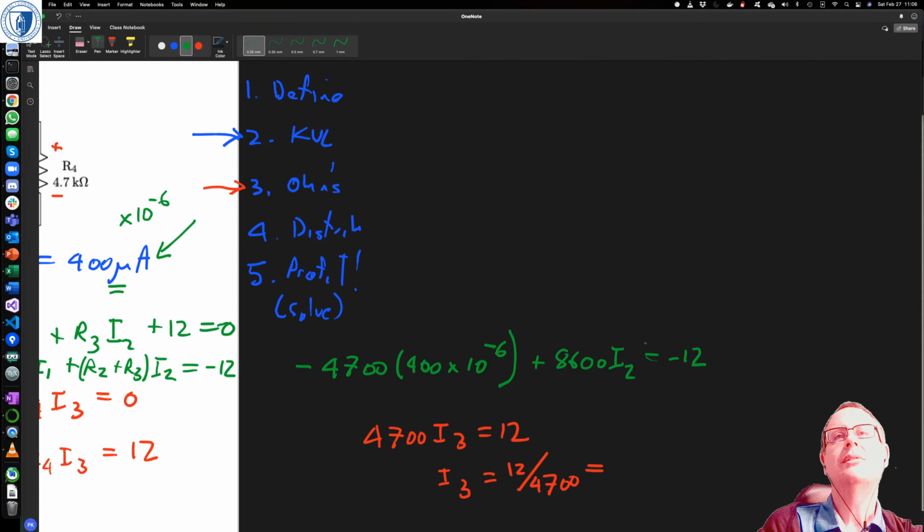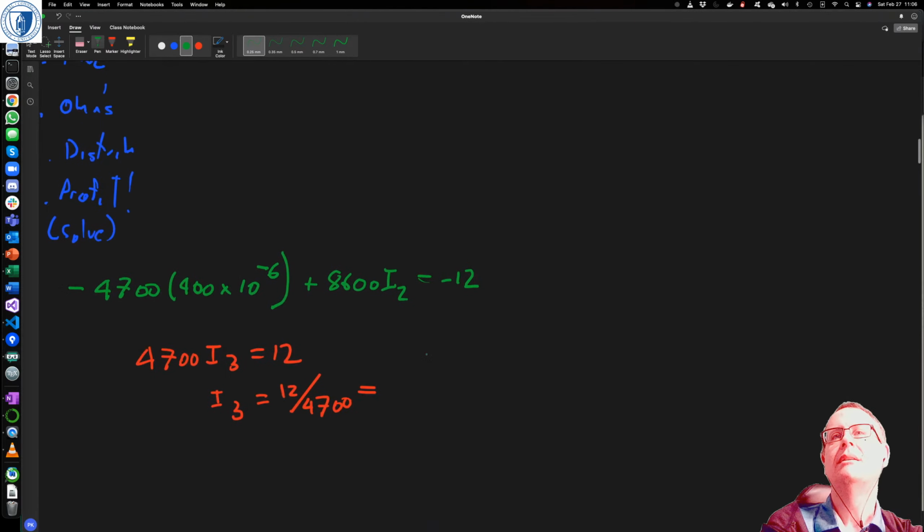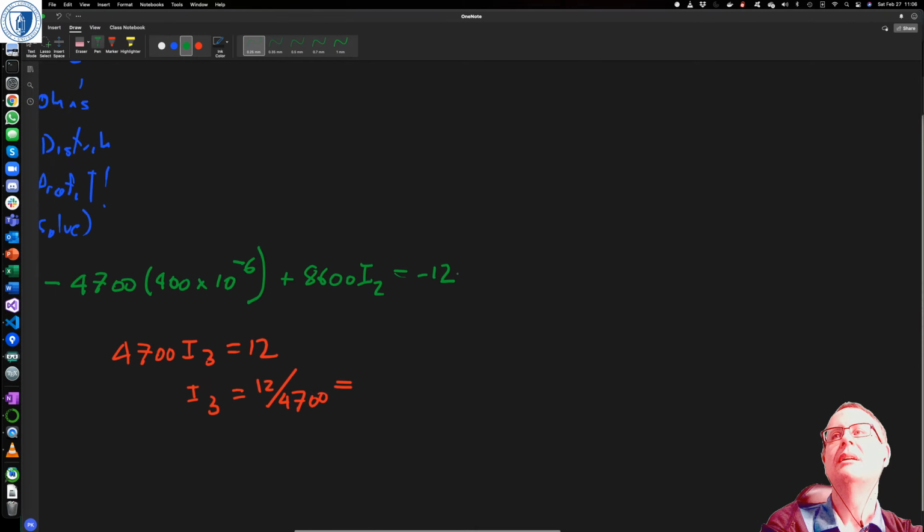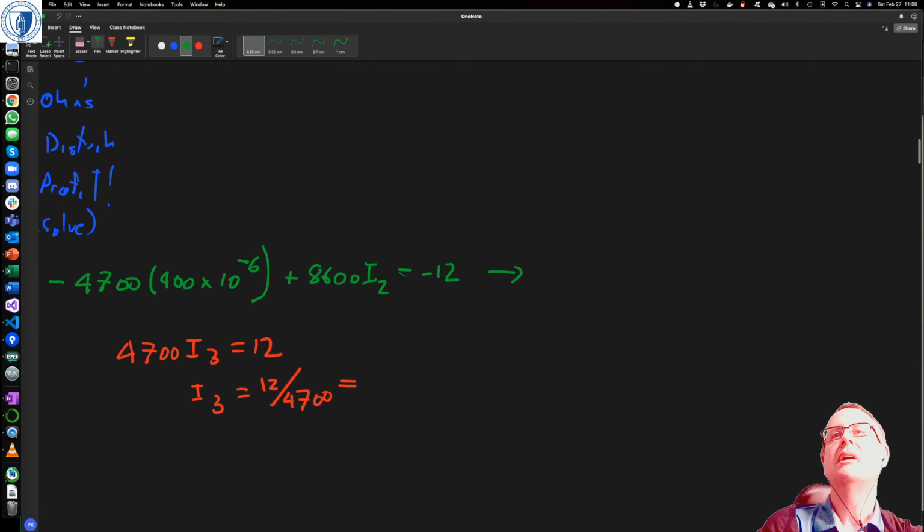So let's just write that out again. So that becomes 8600 I2 equals minus 12 plus 4700 times 400 by 10 to the minus 6.